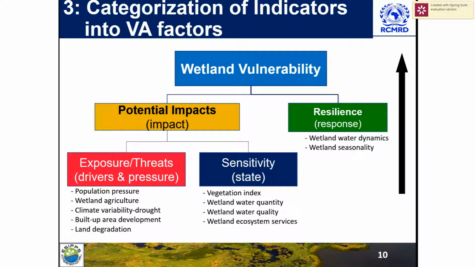Here, when you're going to categorize your data, the first is to look at datasets that are known to be threats. Under the DIPSA framework, these are drivers and pressures, and we looked at them in the previous slide. We saw population pressure, agriculture in wetlands, drought as far as climate variability is concerned, and built-up area development. We see a lot of industries within urban sectors being erected within the wetlands.